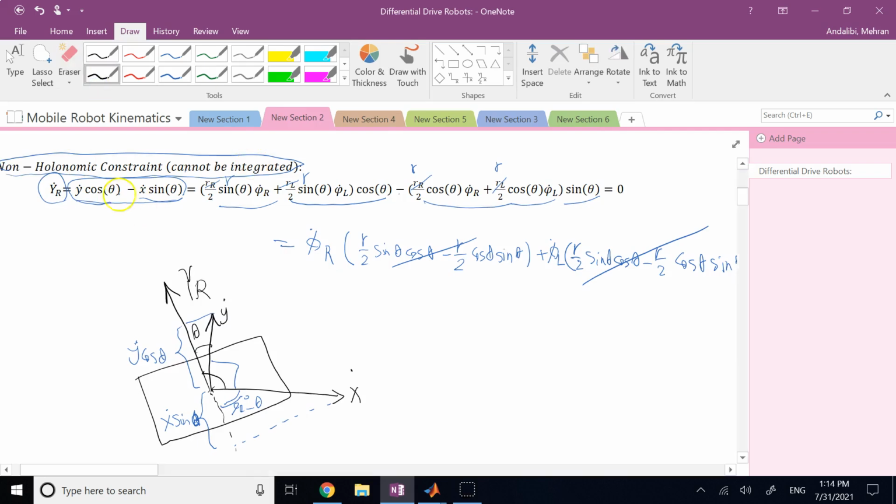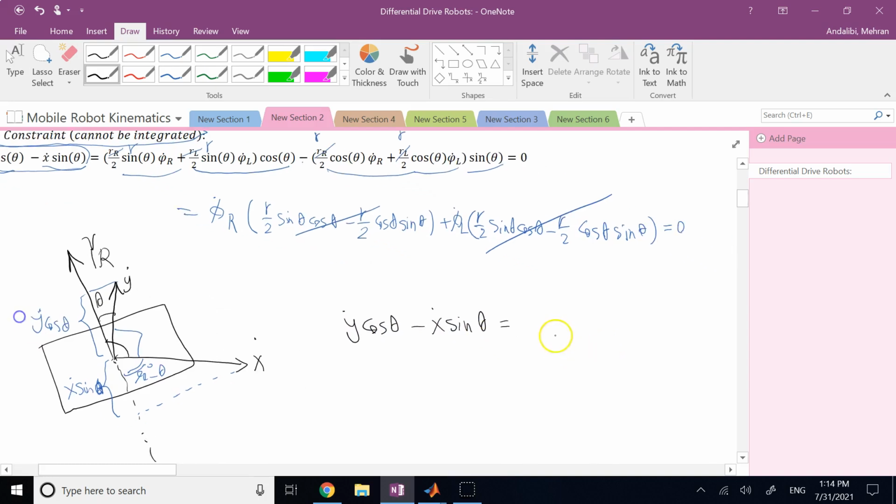Integrated into what? Well, your constraint right now is y dot cosine theta minus x dot sine theta, correct? Which you can also write in matrix format if you want. You can write it as x dot and y dot, correct? And then you have to pre-multiply that by sine and cosine, correct?